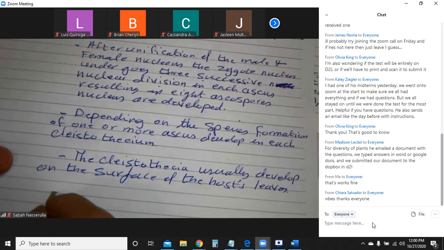Now, the other point I'm going to mention to you is that usually the clistothecia, when mature, are always dark in color.